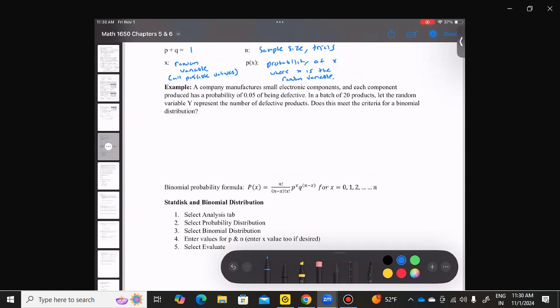Does this meet the criteria for the binomial distribution? So, success. We can say success in this case would be a defect, and failure in this case would be no defect.